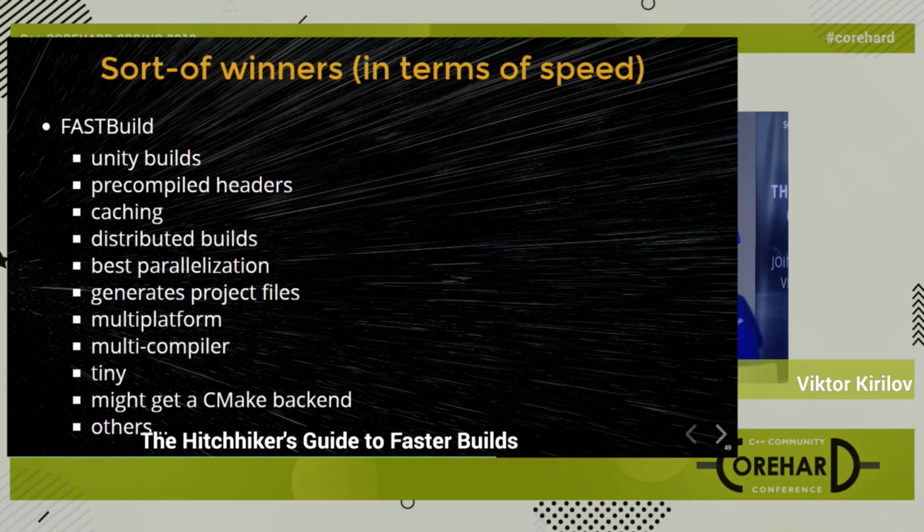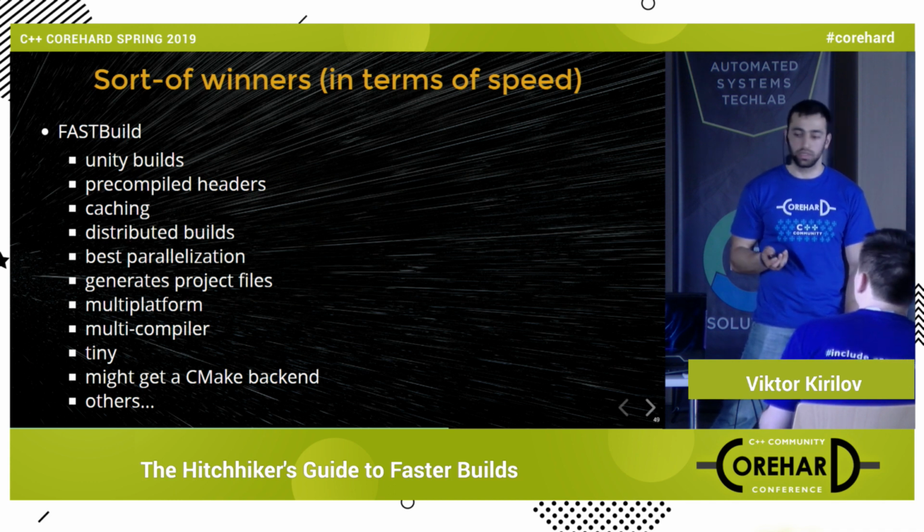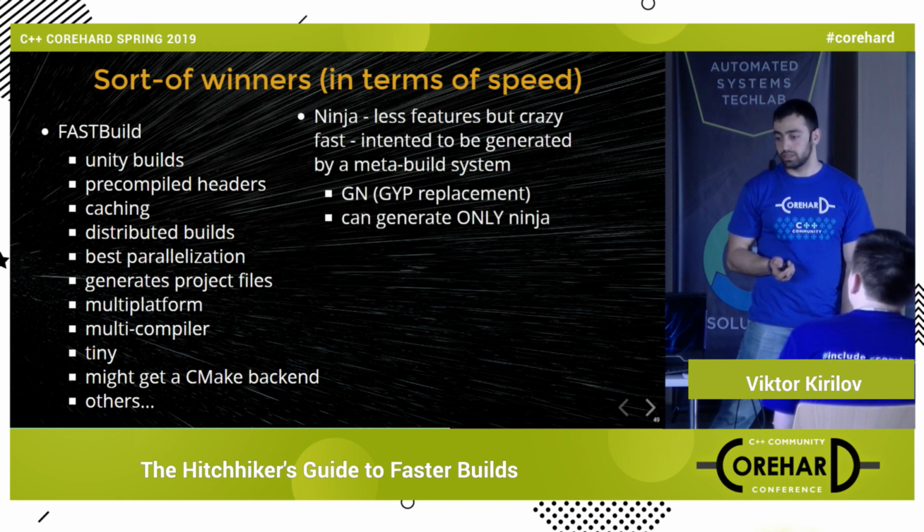So, sort of winners, Fast Build. It has a really nice scheduler in terms of parallelizable builds, and it also supports all of these things out of the box, like Unity builds, precompiled headers, caching, distributed builds. You get the picture. This build system does it all. Ninja, it's maybe the fastest one or one of the fastest ones, but it's really low level.